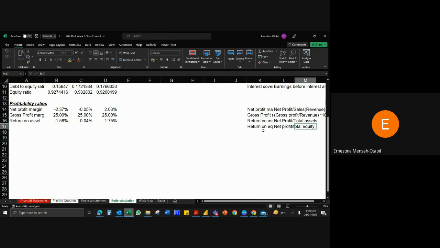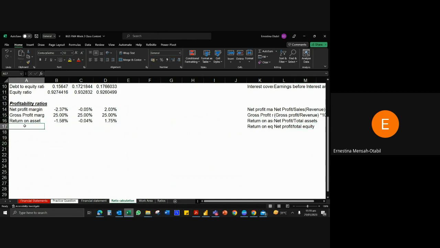Just like the return on assets, the return on equity should also be higher to show that the company is profitable. If the return on equity is low, it means that the company cannot generate a lot of profits from the shareholders' equity.